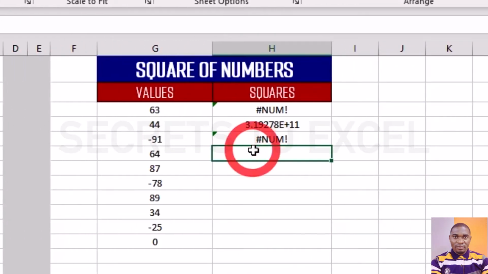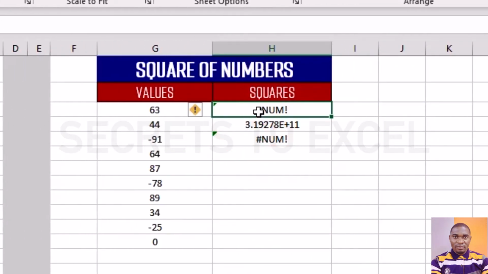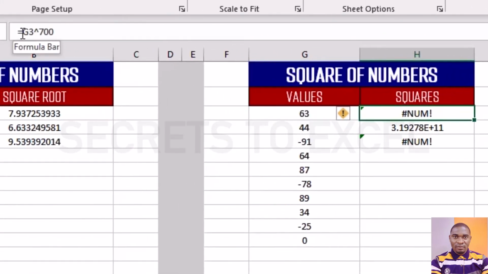Now, another instance where you see a number error is a situation where you execute a mathematical operation that is so large that Excel cannot calculate or estimate that particular operation. Take for example here, we have a number error simply because look at the formula: G3 raised to the power of 700. That is 63 raised to the power of 700.